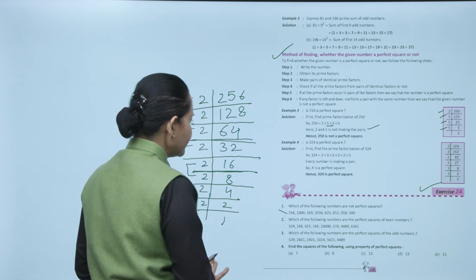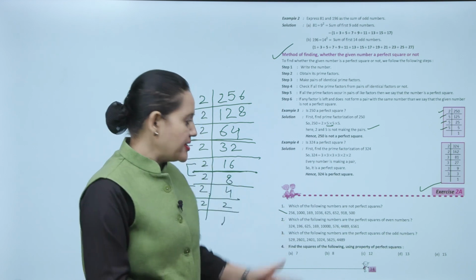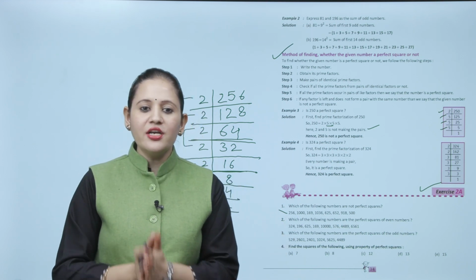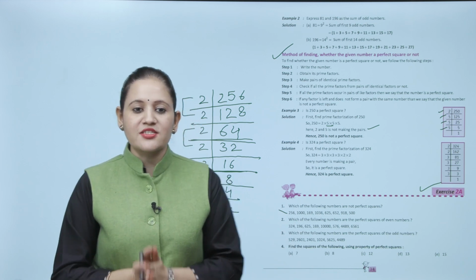So 256 is a perfect square number. So this way we can check with other numbers whether they are perfect square numbers or not. So you have to practice all the questions. We will move to the next topic.